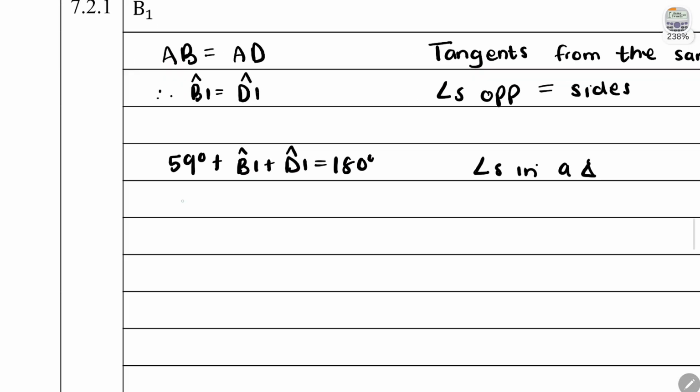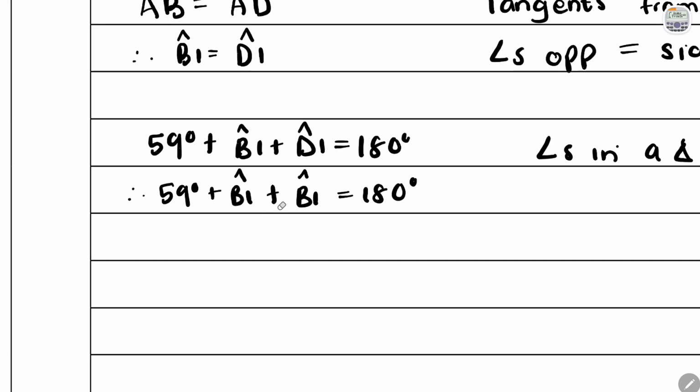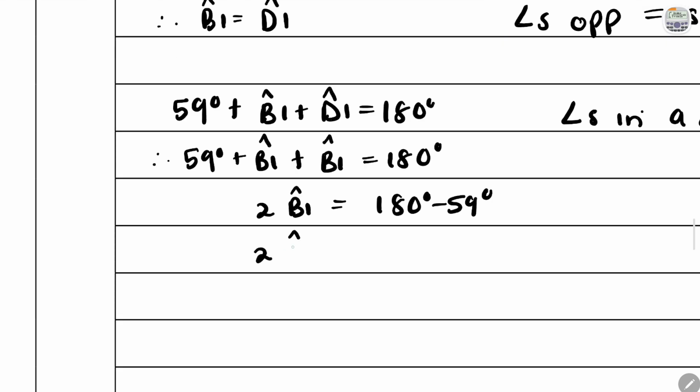Now, we already know that angle B1 and D1 are equal, but we're trying to find angle B1. So in place of angle D1, we're going to replace that with angle B1 since they are equal. So that's 59 degrees plus angle B1 plus angle B1 equals 180 degrees. So now this is 2 angle B1. It's double that. And then we'll say 180 degrees minus 59 degrees.